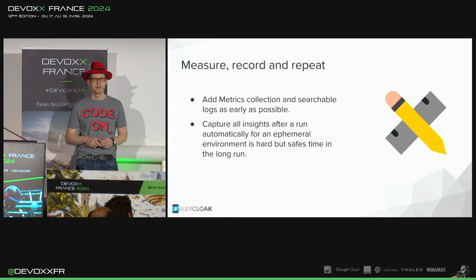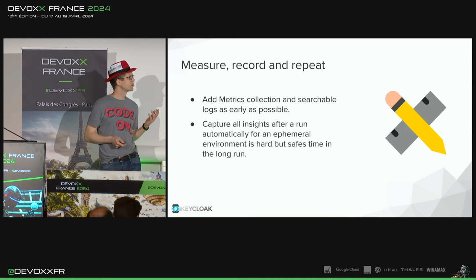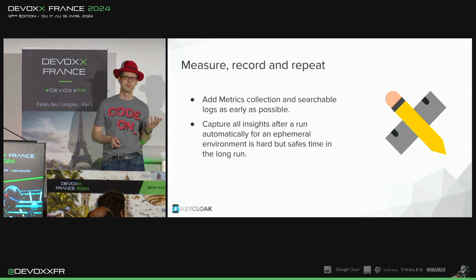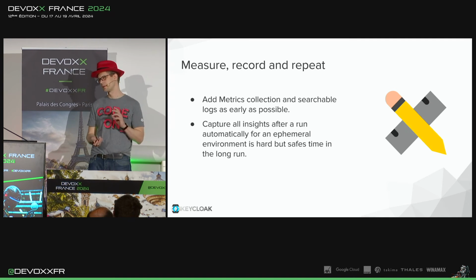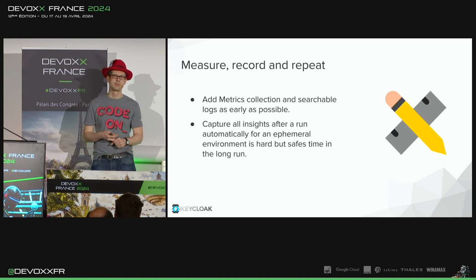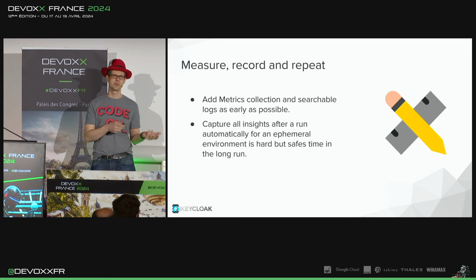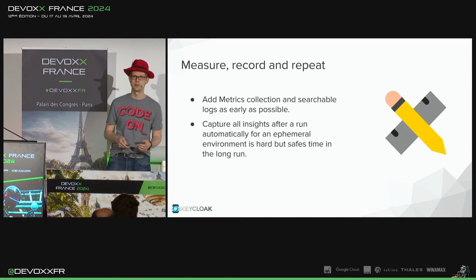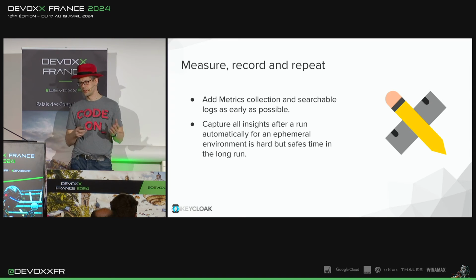Something that was a bit tricky for us, and we did several experiments here, is how to capture insights after a run if it's an ephemeral environment, because the environment will be gone, the logs will be gone if we don't do anything around it, the metrics will be gone, the traces will be gone. So we did some automation around this, for example, to capture snapshots of Grafana dashboards from an ephemeral environment before we tear it down, so that they're there after we tear it down, together with the run that we did.